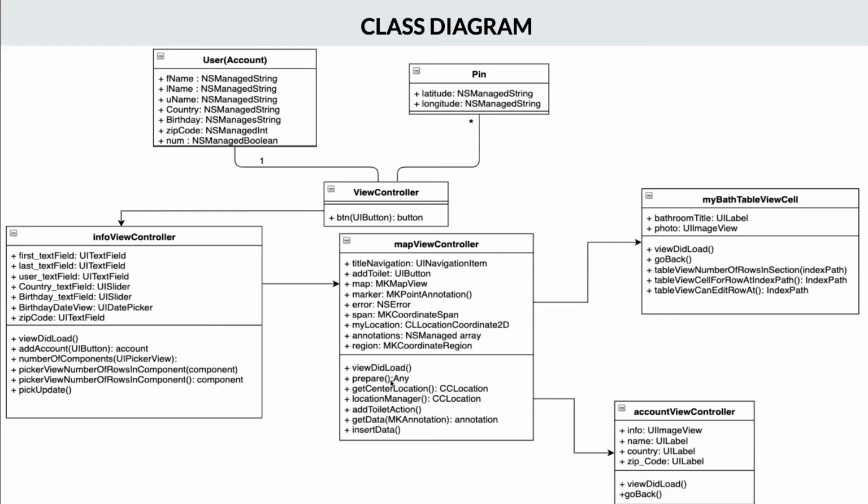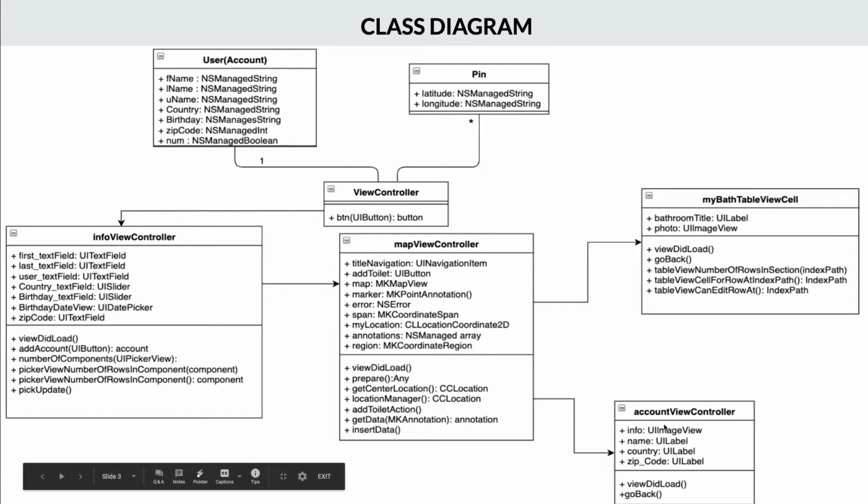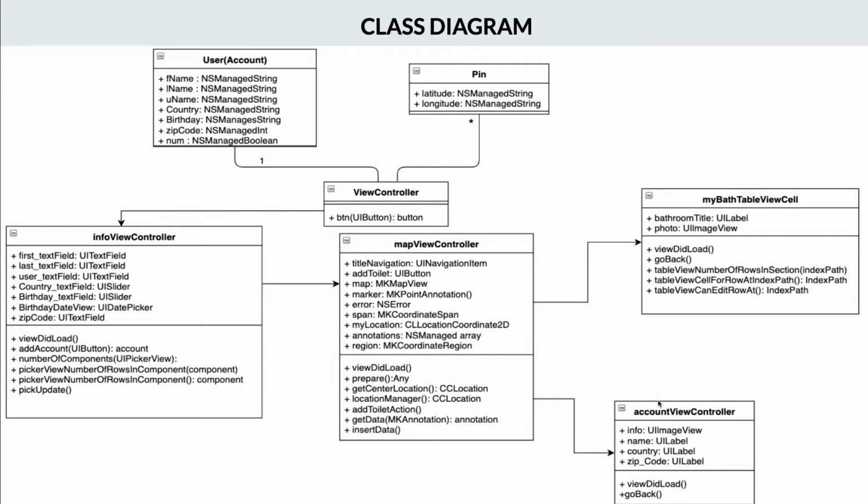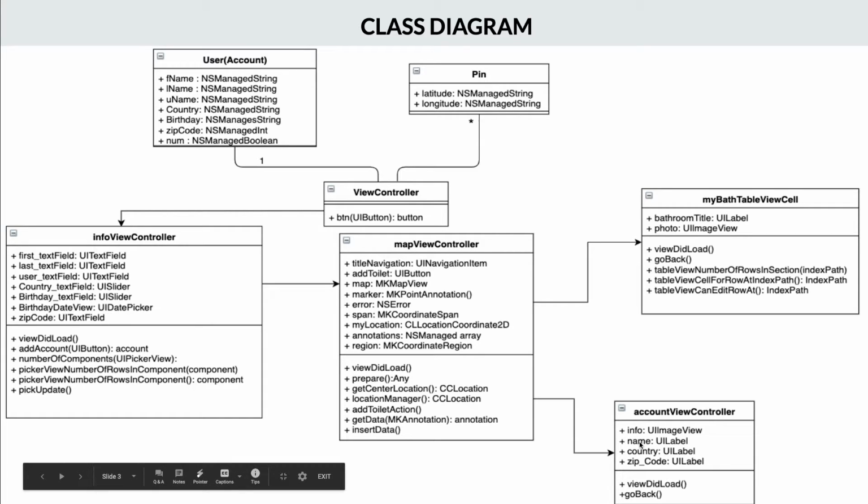And then this prepare here is just going to prepare for what we call a segue. So this will actually take us to the account view controller. This is just going to bring the information from the core data: first and last name, username information, and whatnot.